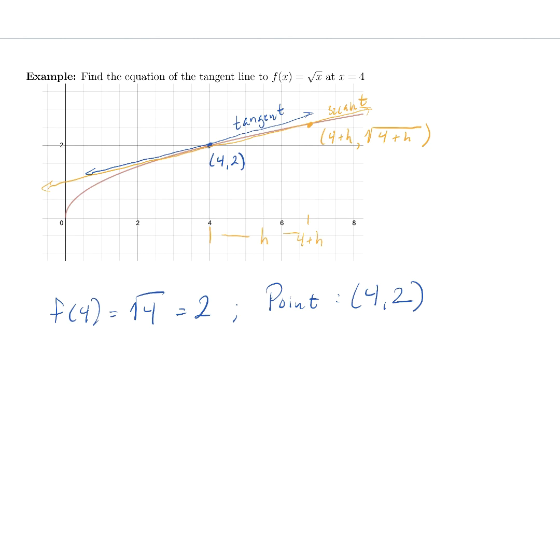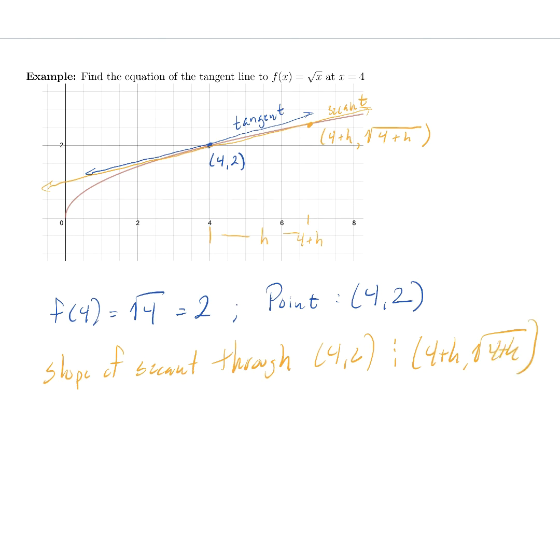So now I want to find the slope of the secant through (4, 2) and (4 plus h, square root of 4 plus h).